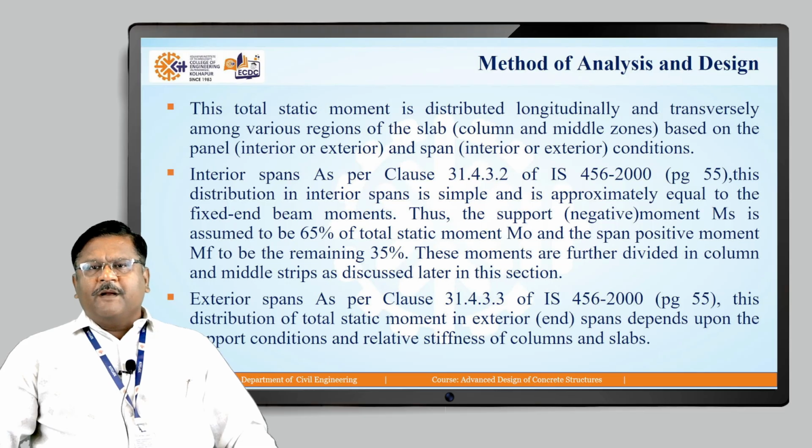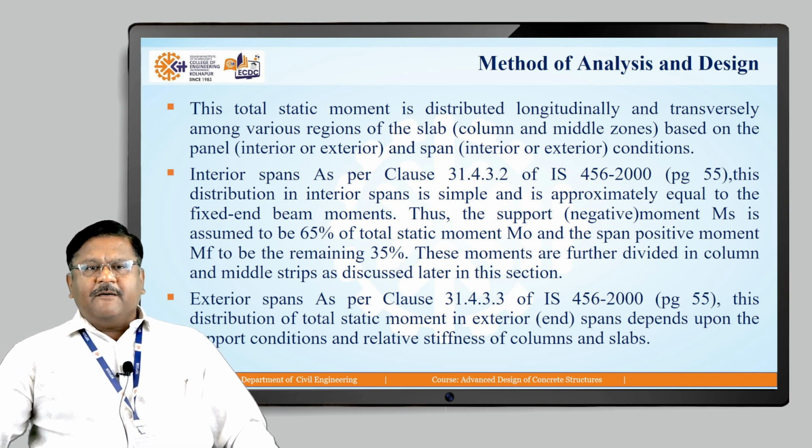Thus, the support moment is assumed to be 65% of the total static moment and the span positive moment to be the remaining 35%. These moments are further divided into column and middle strips as discussed later in the session.